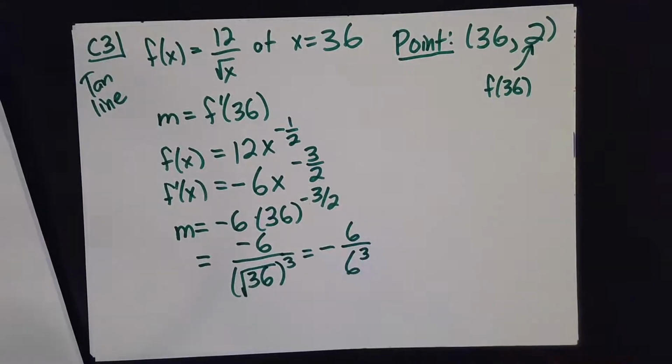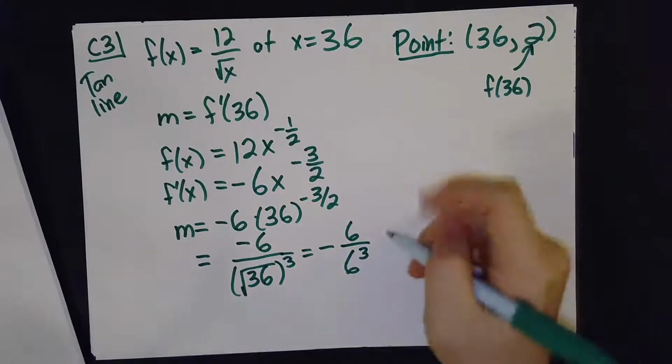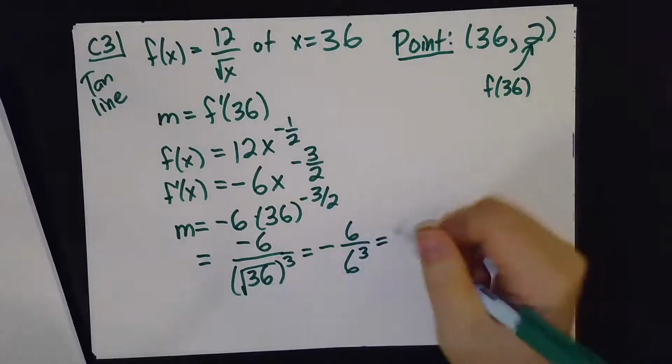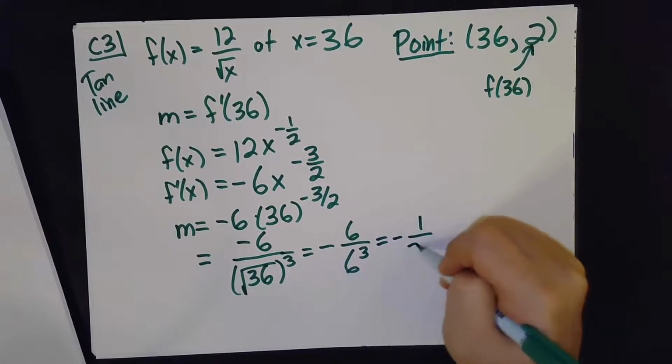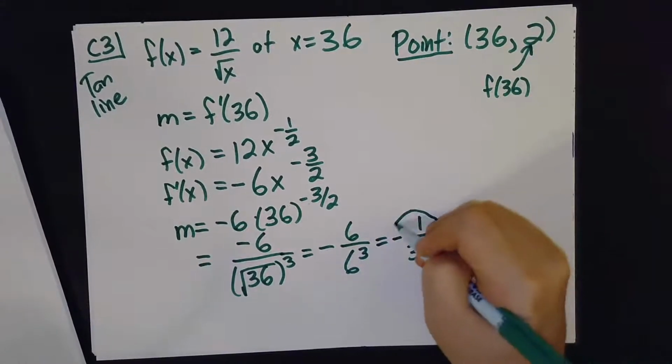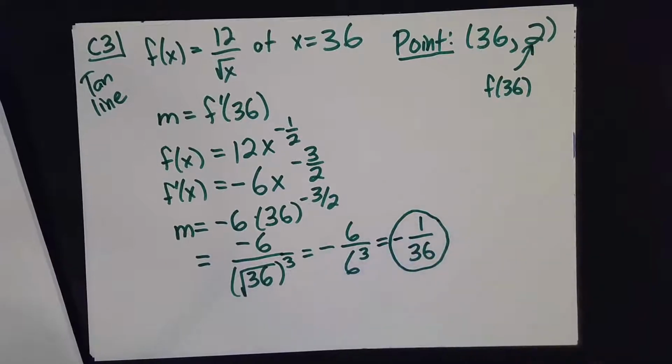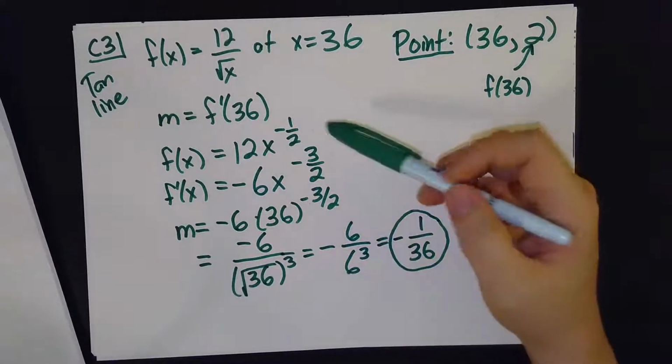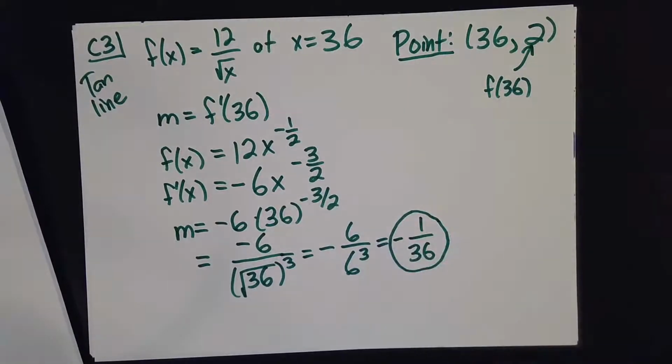Okay, so this is minus 6 divided by 6 cubed. I can cancel one of the 6's, so this is minus 1 over 36. Again, be sure you're being careful to keep everything exact, so don't give me an ugly decimal version of this. I want to see that you have learned how to handle all of these exponents and this kind of thing on the final. Okay.